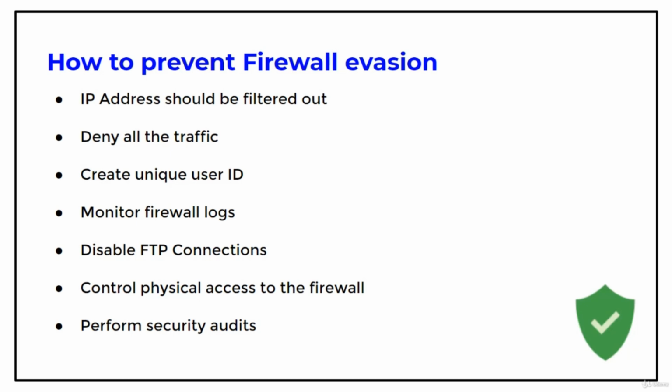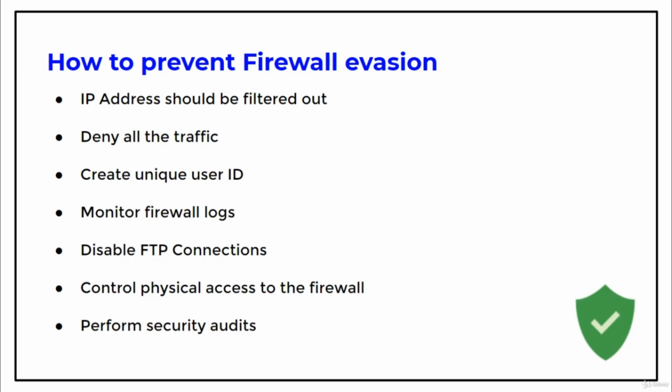By default, disable all the FTP connections to or from the network. Catalog and review all the inbound and outbound traffic allowed through the firewall. Take regular backups of the firewall rule set and configuration files, and schedule regular firewall security audits.